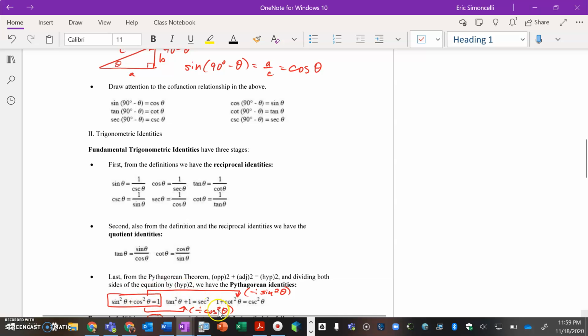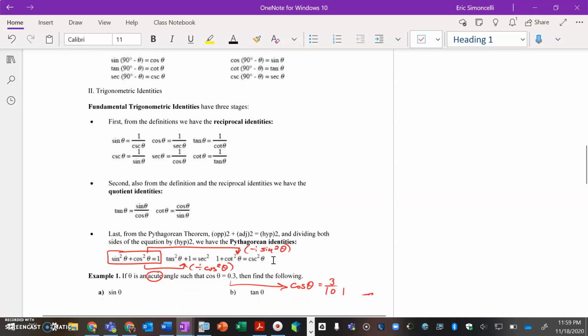Cosine squared divided by itself is 1, and 1 divided by cosine squared is secant squared. If we were to divide this Pythagorean identity by sine squared, sine squared divided by sine squared is 1. Cosine squared divided by sine squared is cotangent squared, and 1 divided by sine squared is cosecant squared, again relating to the reciprocal identities from up above.